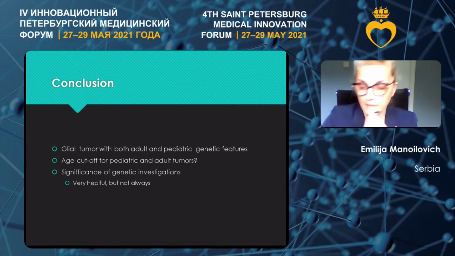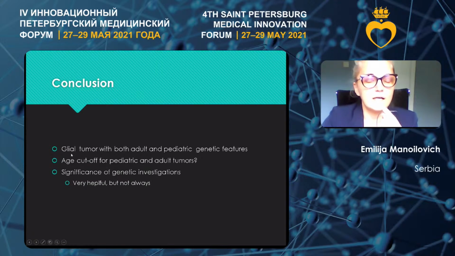So we must keep in mind that the use of molecular biology techniques is not available in every center. So sometimes we are dealing with the problem of which genetic panel to apply for pediatric tumor or adult tumor.